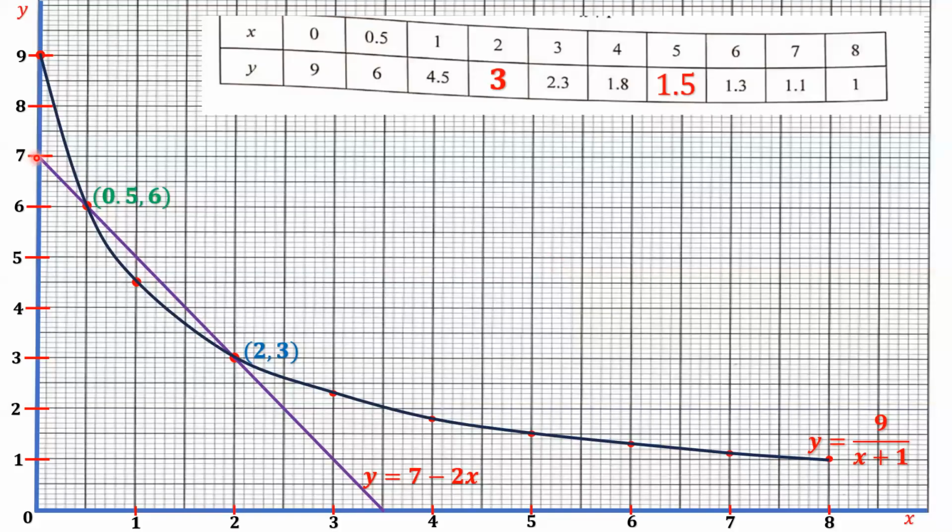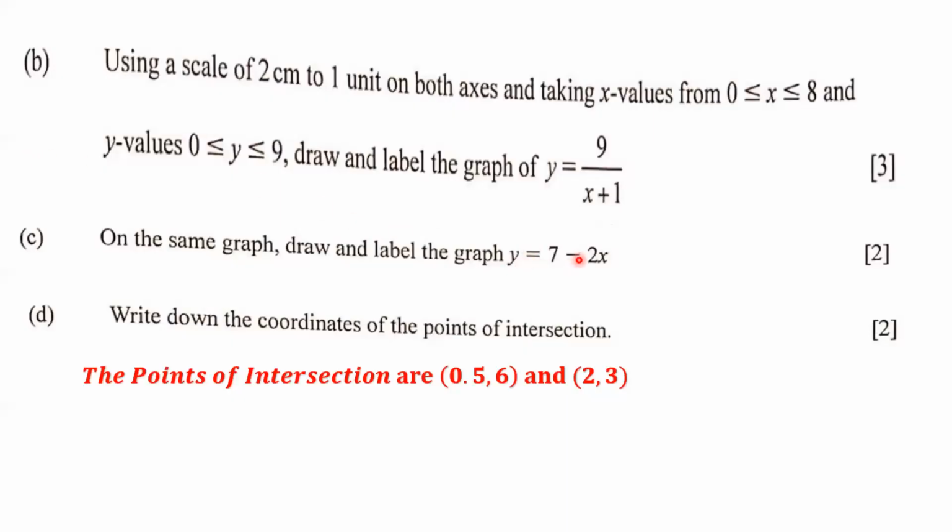They tell us that the slope is negative 2, because the slope is always the number in front of the x. So our slope, or our gradient, which we can call m, is equal to negative 2 over 1.